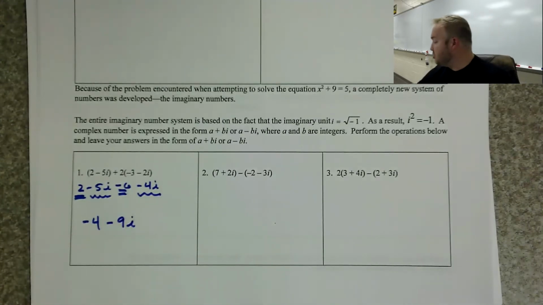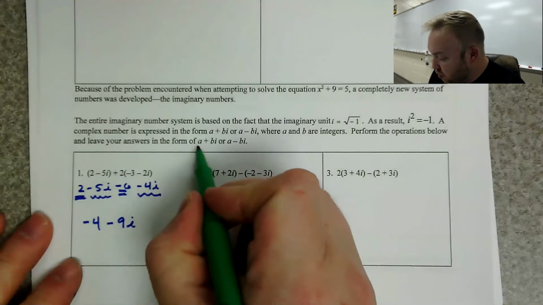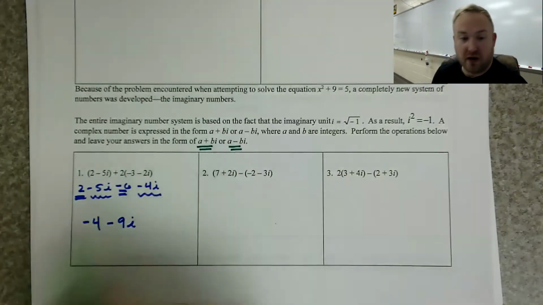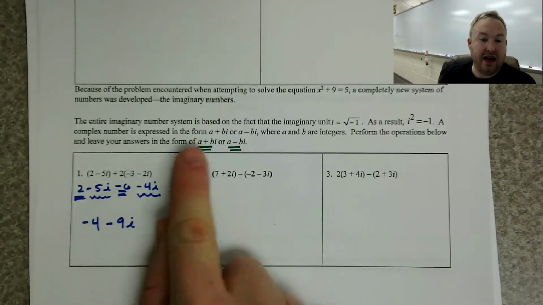I want you to make sure that whenever your answer is supposed to be a complex number, you are writing your answer in one of these forms, in a plus bi form. They must be written in that form. So you can see -4 is like the a. The a is the real number part.